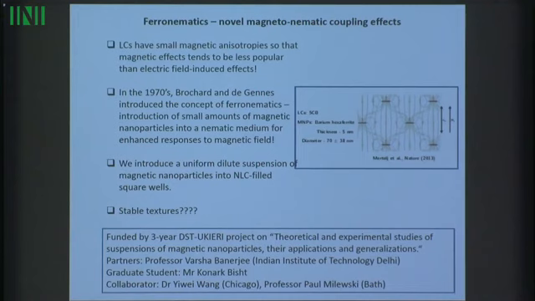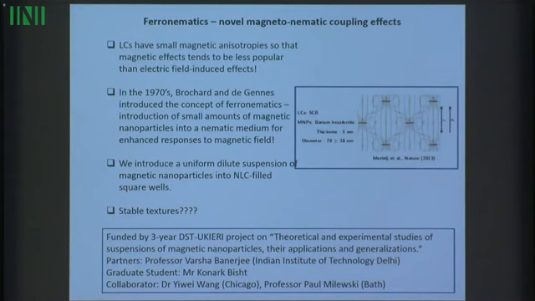Now, there has been some stellar work by the Slovenian group, Alenka Mertelj. She was mentioned yesterday, and they experimentally delivered these stable suspensions of nanoparticles in nematic media, and we thought that was fantastic. This was a Nature paper.